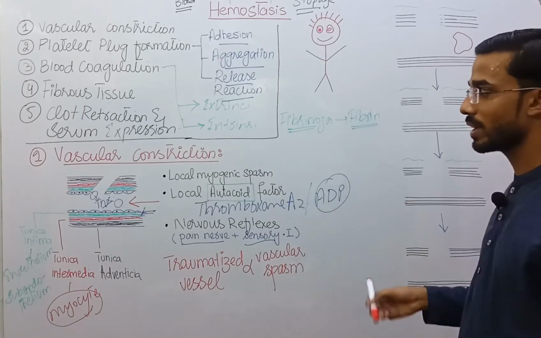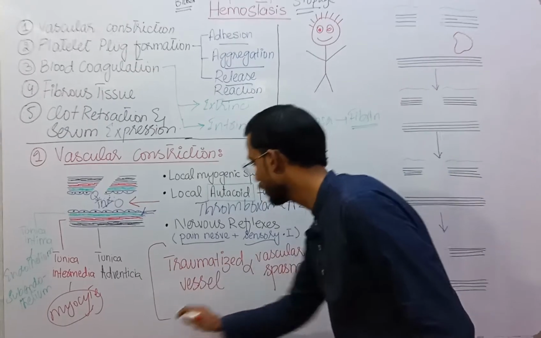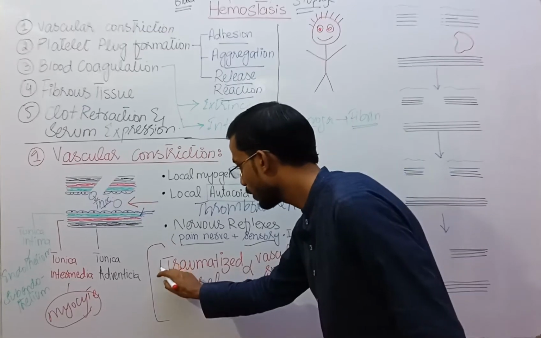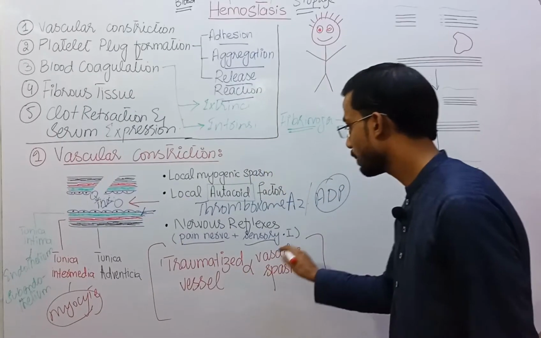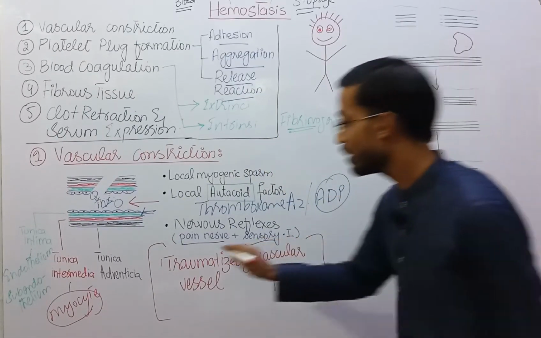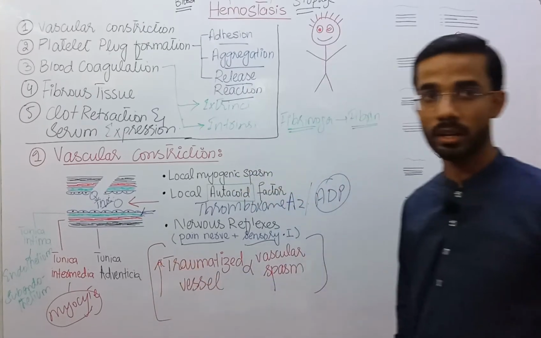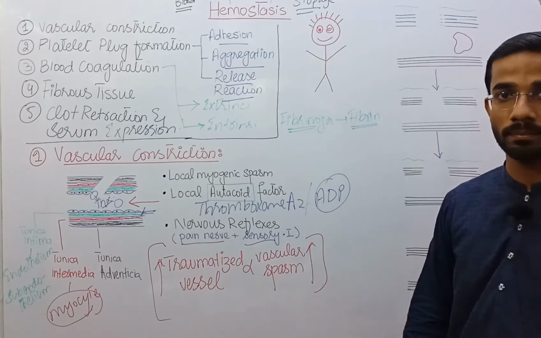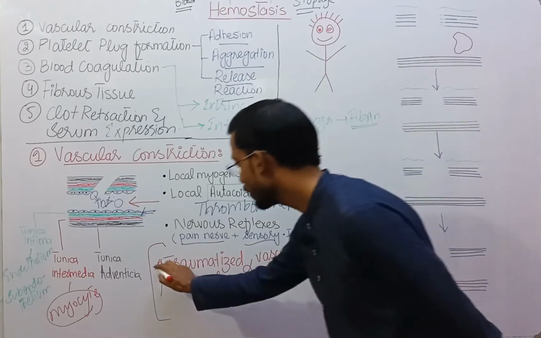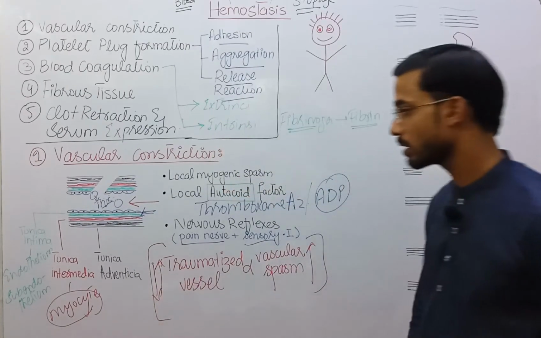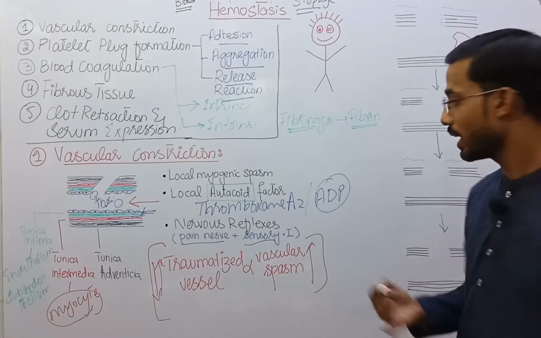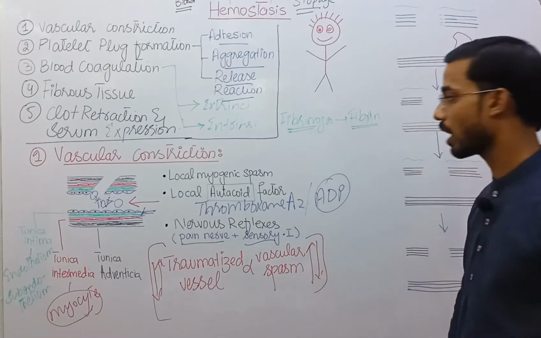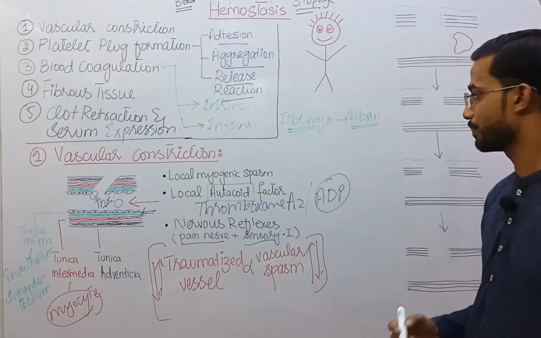To summarize vascular constriction, you have to remember that trauma to the vessel is directly proportional to vascular spasm. If greater damage occurs, then the vascular spasm is increased. If the trauma is lesser, then the vascular spasm is also lesser.